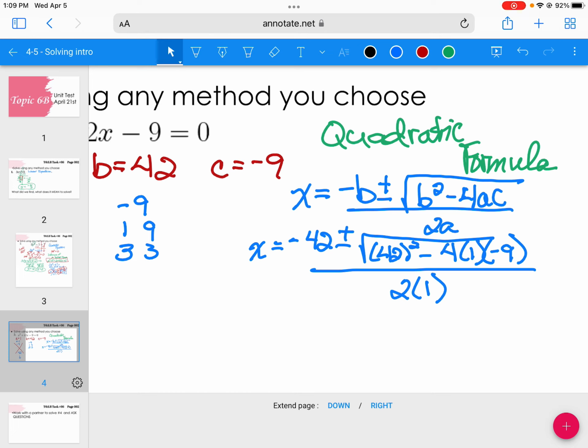Negative 42 plus square root, second square root of parentheses 42 end parentheses squared minus 4 times parentheses 1 times parentheses negative 9 end parentheses.